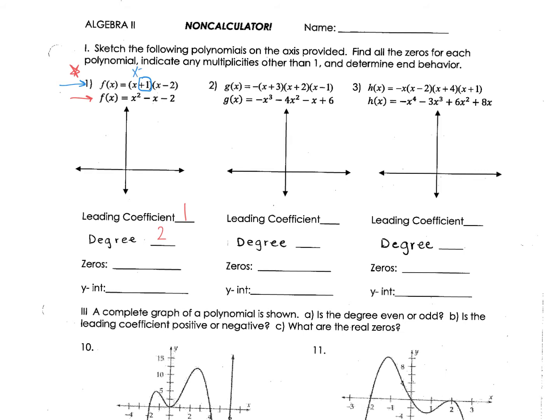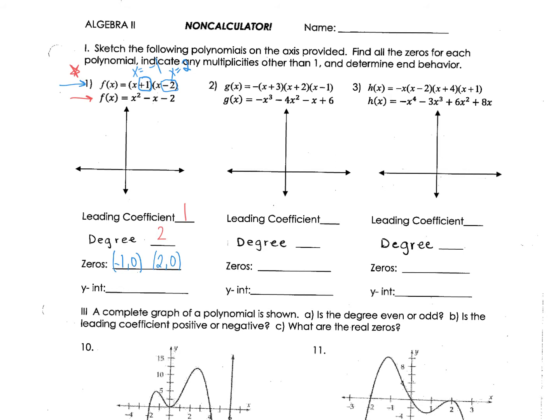So this would say x equals -1. Which we then know will make the coordinate pair of -1, 0. Okay? Then we're going to go to the next parenthesis, and I see that I have x minus 2. Okay? And I know that if I have x minus 2, my answer is the opposite, which is x equals 2, which then makes my coordinate pair of 2, 0.